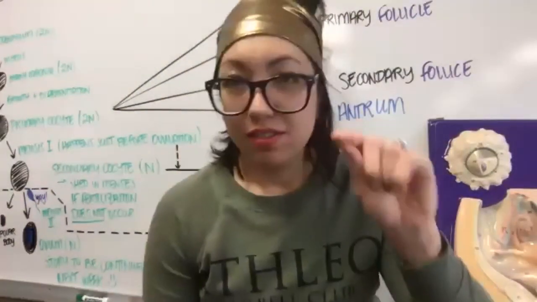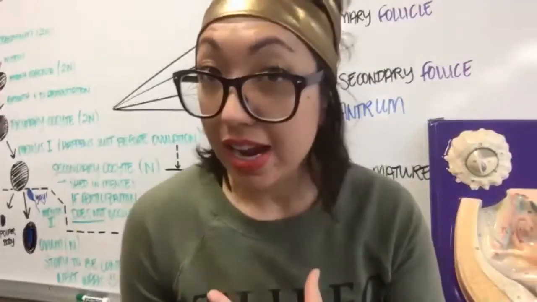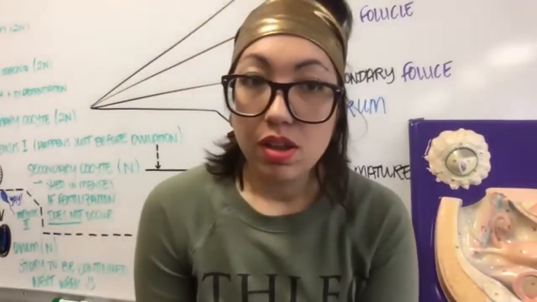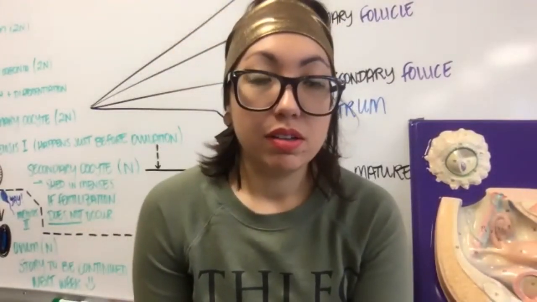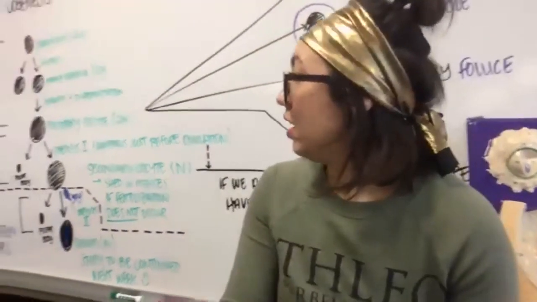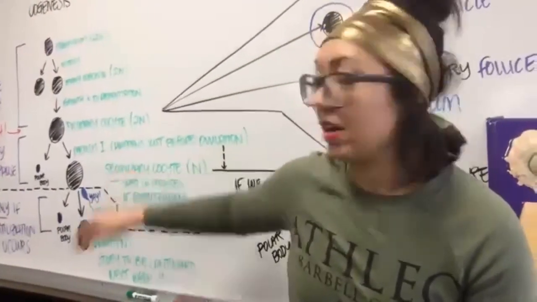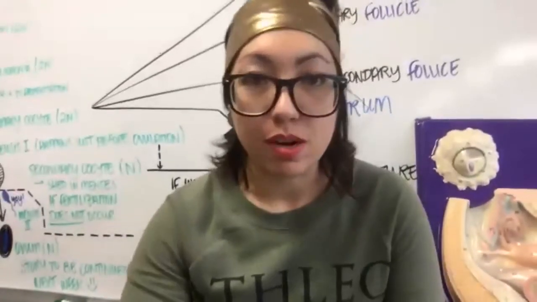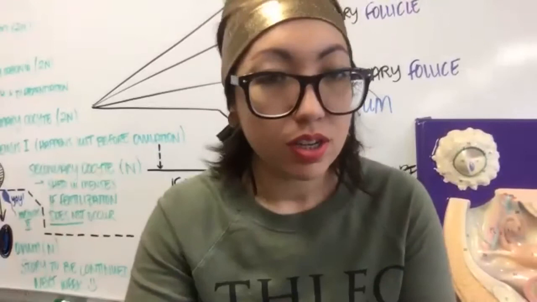So what kind of oocyte is related to ovulation? Would it be a primordial, a primary, secondary? Secondary oocyte is related to ovulation. That is just a terrible question. That would get thrown out with the garbage.